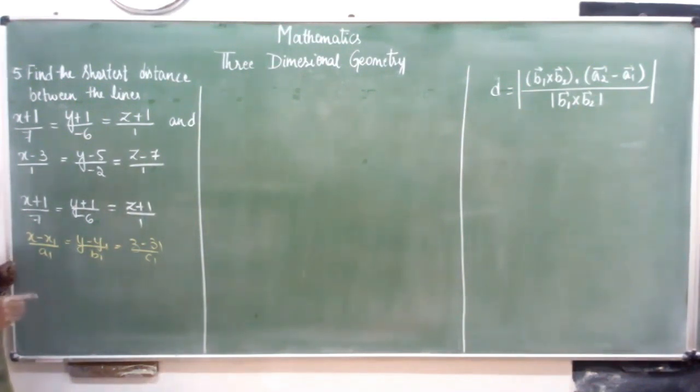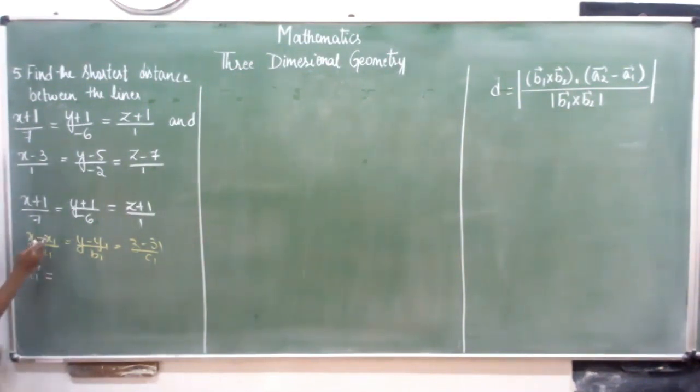And a1, b1, c1 are the scalar components of the vector b1. Remember this? x1, y1, z1 are the scalar components of the vector a1. And a1, b1, c1 are the scalar components of the vector b1.